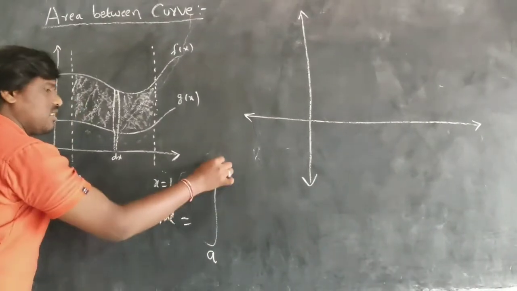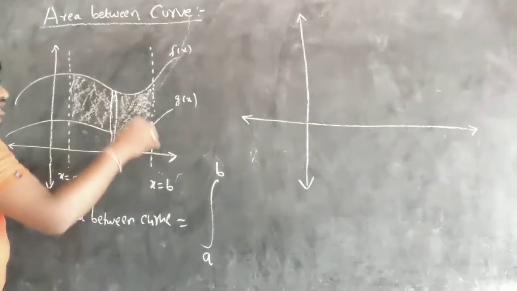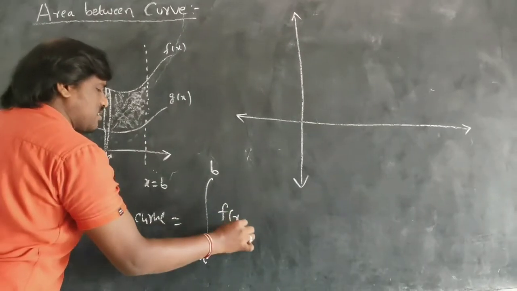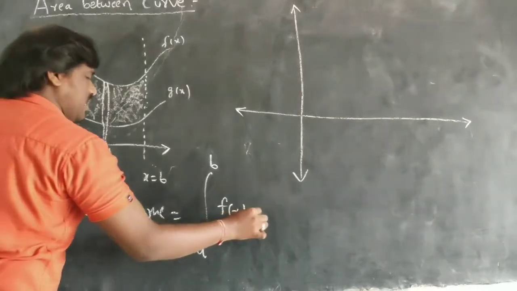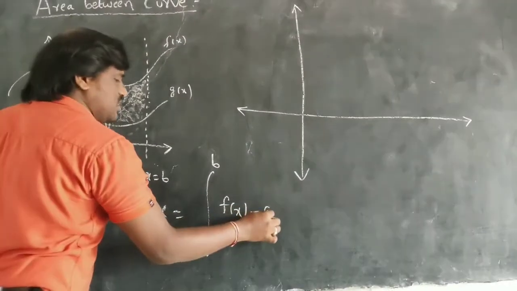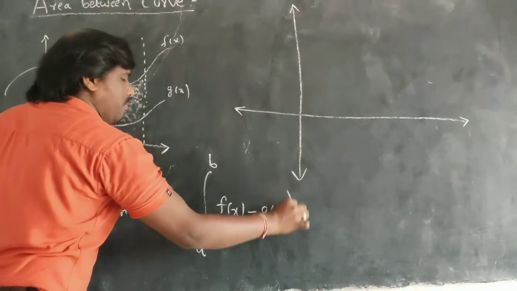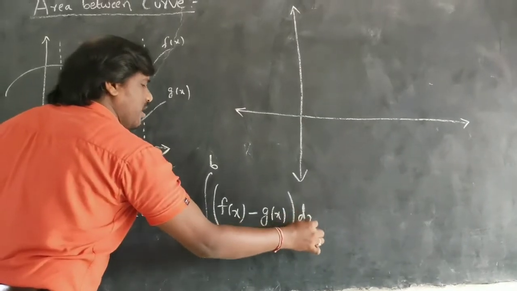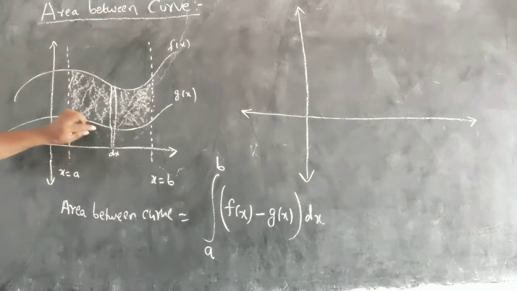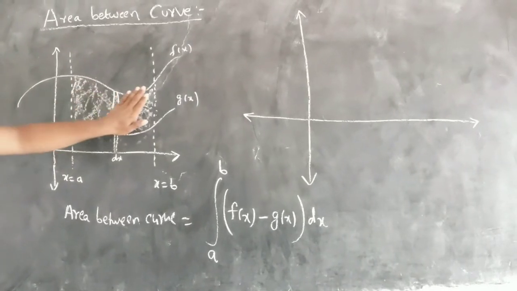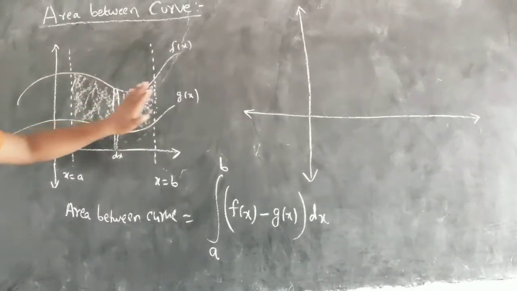This is a, this is b. The above curve function is f of x, minus the below, g of x. Above minus below will give you the area between the curves.